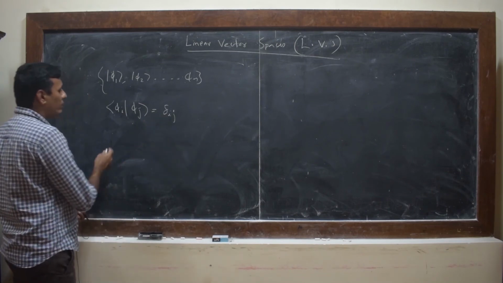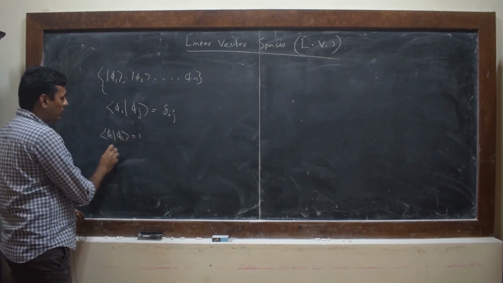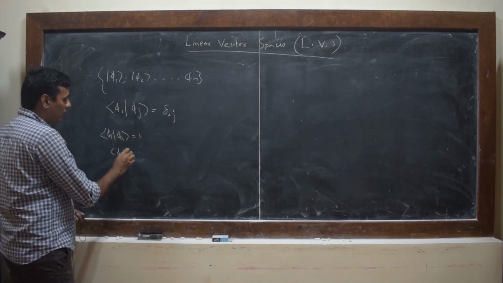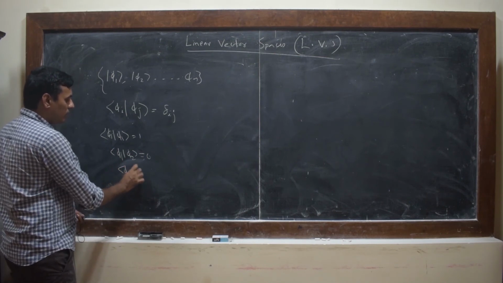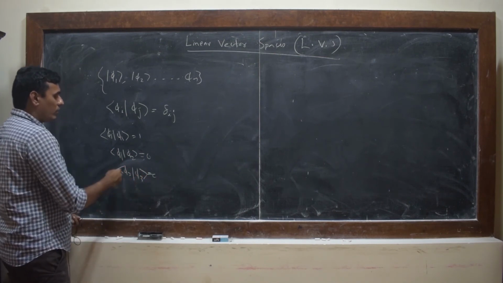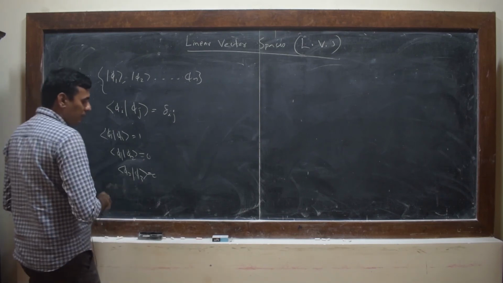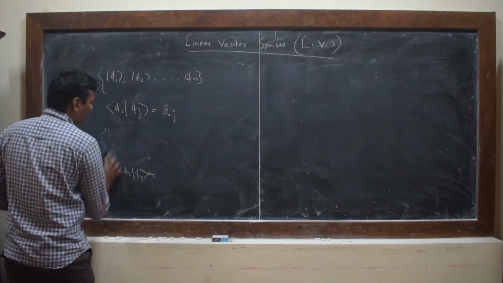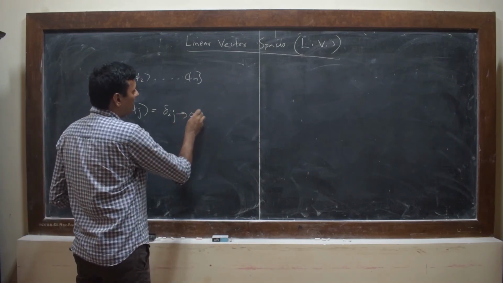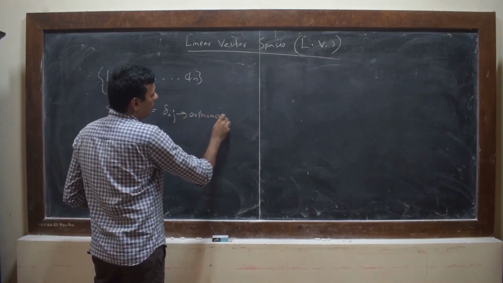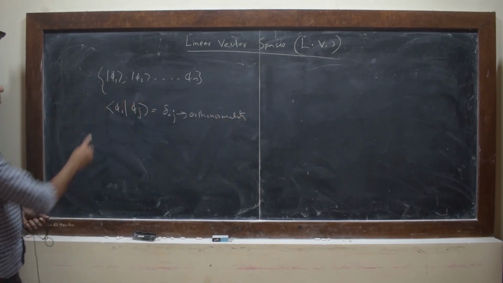So phi 1 with phi 1 is 1, phi 1 with phi 2 is 0, phi 2 with phi 3 is 0, whereas phi 2 with phi 2 is 1, phi 3 with phi 3 is 1. So this is known as the orthonormality condition.